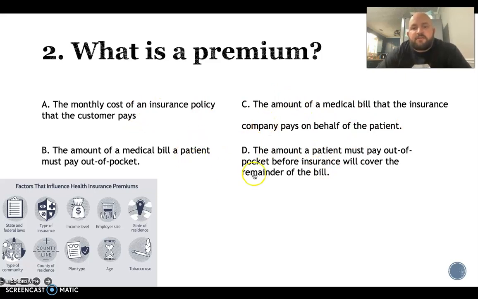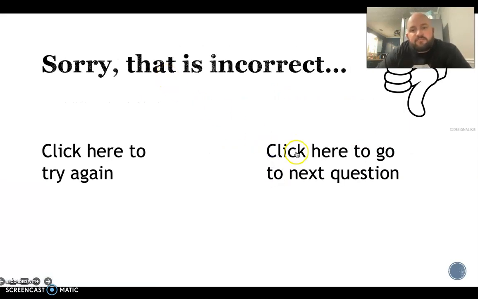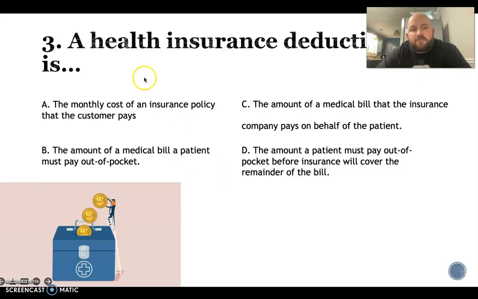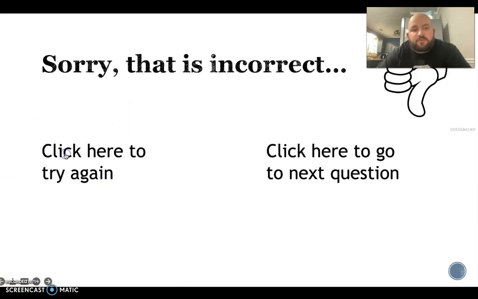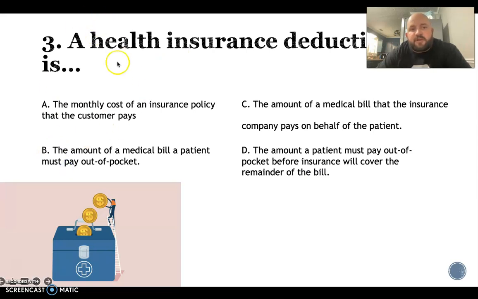After you've done that, now you want to select some incorrect answers. Make sure that all of the links do exactly what they're supposed to do. So that one I got wrong, I clicked try again. It's got me back in the try again slide.